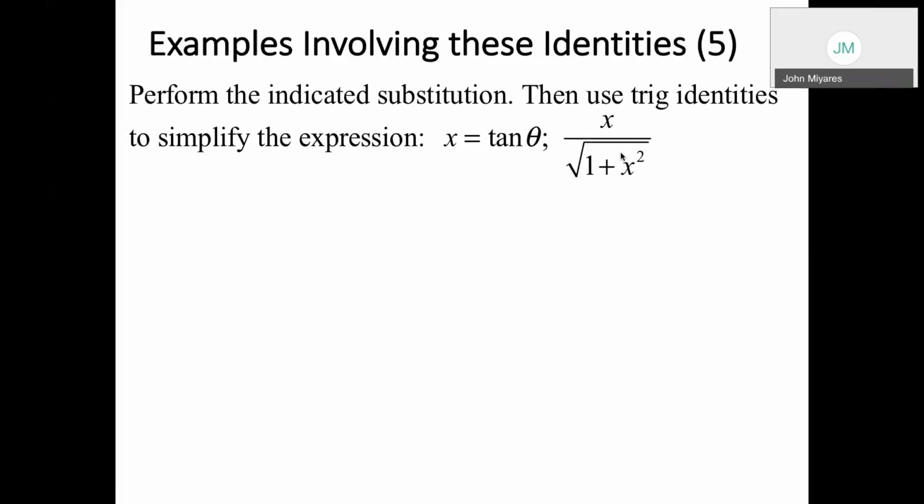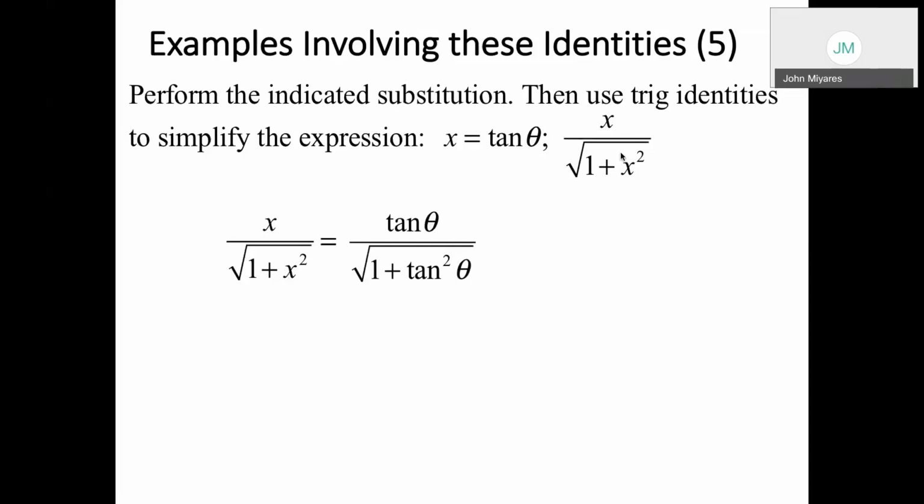Well, the fraction x over the square root of 1 plus x squared, after we substitute in the tangent of theta for x, is going to become the tangent of theta over the square root of 1 plus the tangent squared of theta.